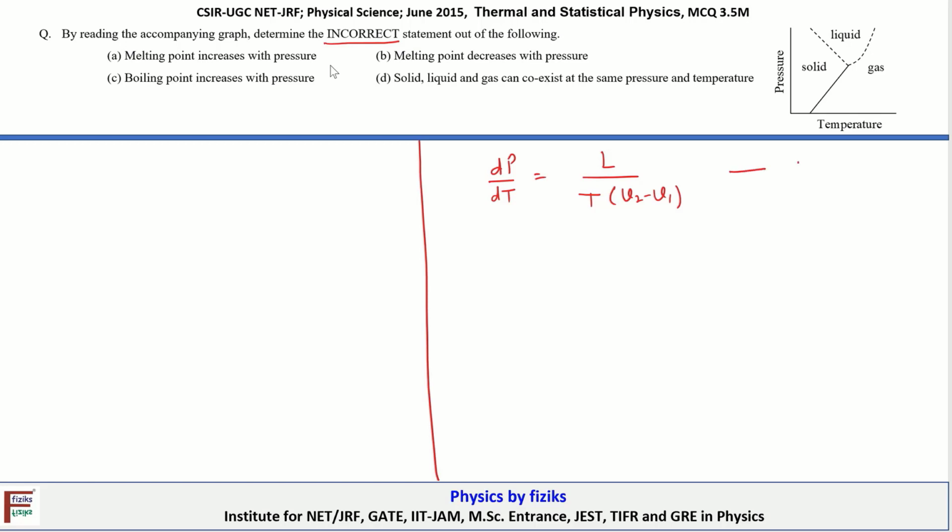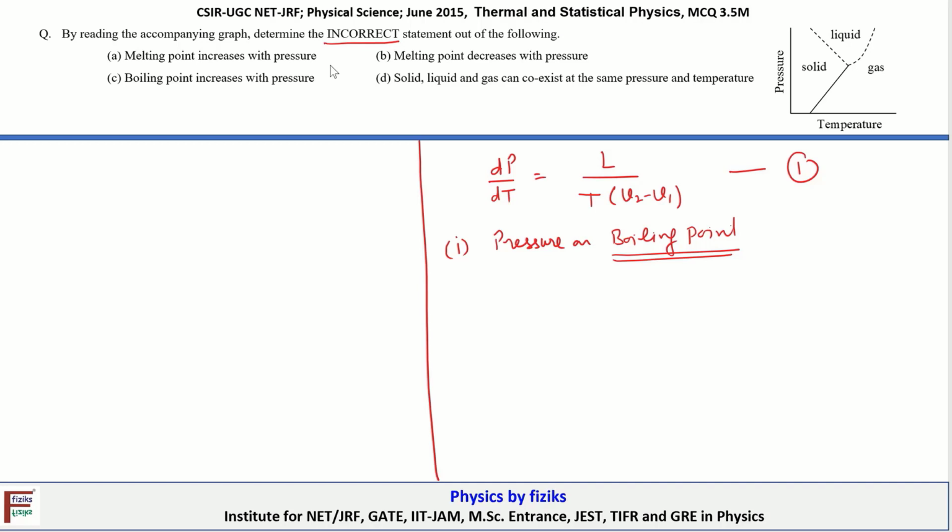Depending upon the sign of this dP/dT, we can predict whether the melting point or the boiling point is going to increase after the phase transformation has taken place. So let's first try to understand the influence of pressure on boiling point. Let's talk about water.